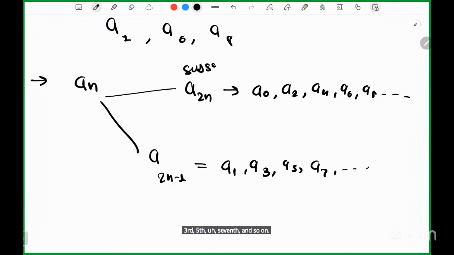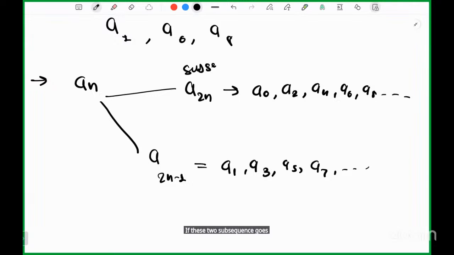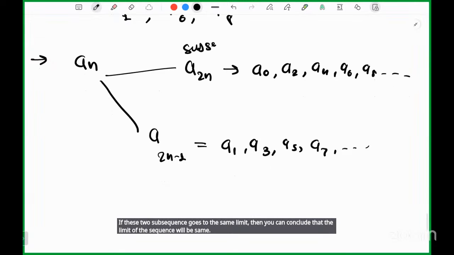What is the specialty about these two sequences? If these two subsequences go to the same limit, then you can conclude that the limit of the sequence will be the same. So this is the remark you can take.